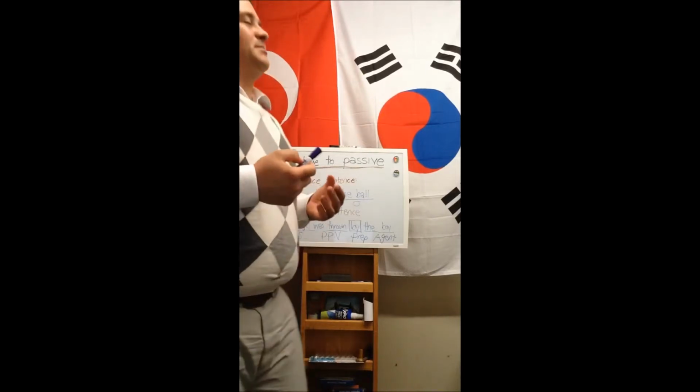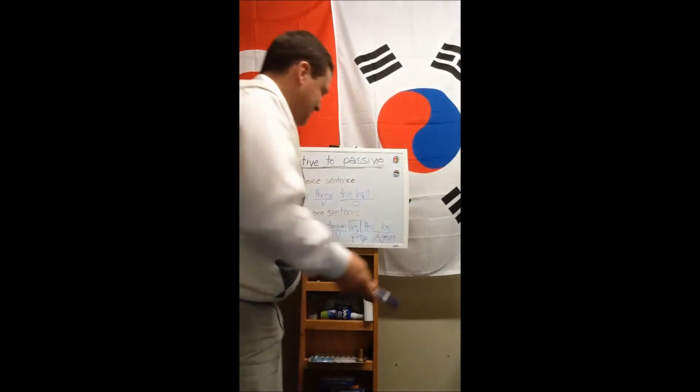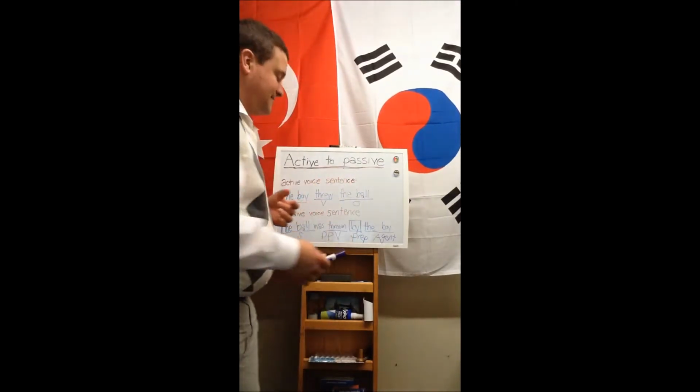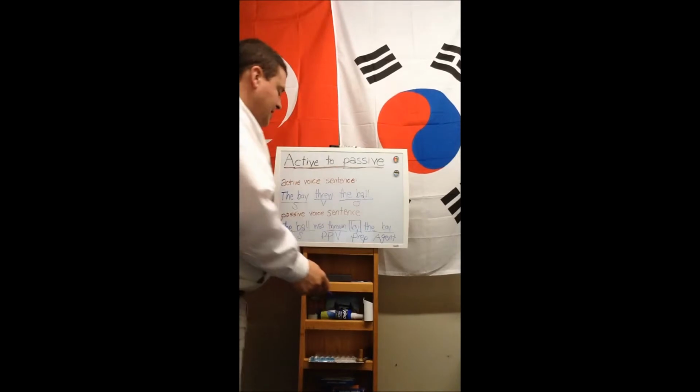And also, the ball is not performing the action by itself. It needs a living person, a living organism to actually do the action. So the person doing the action in the passive voice sentence is the agent, the boy.